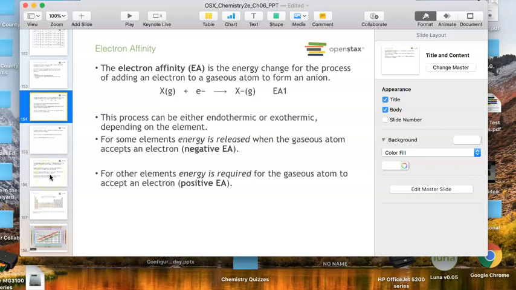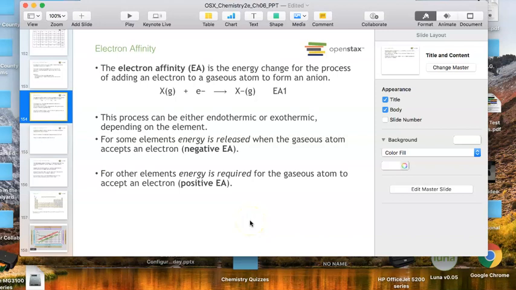All right, and then the last thing we're going to talk about in this section is called electron affinity. Or you might see it referred to as electronegativity. Electron affinity is the energy change for the process of adding an electron to a gaseous atom to form an anion. This process can be either endothermic or exothermic depending on the element.